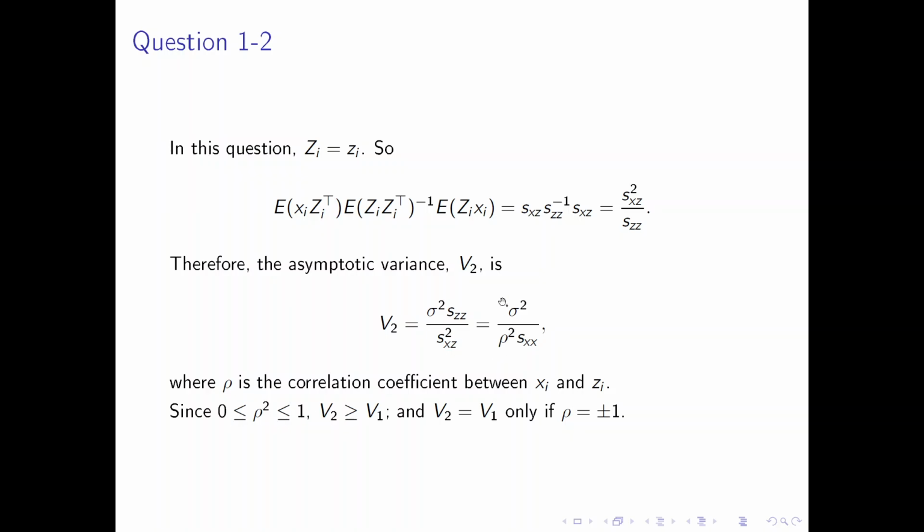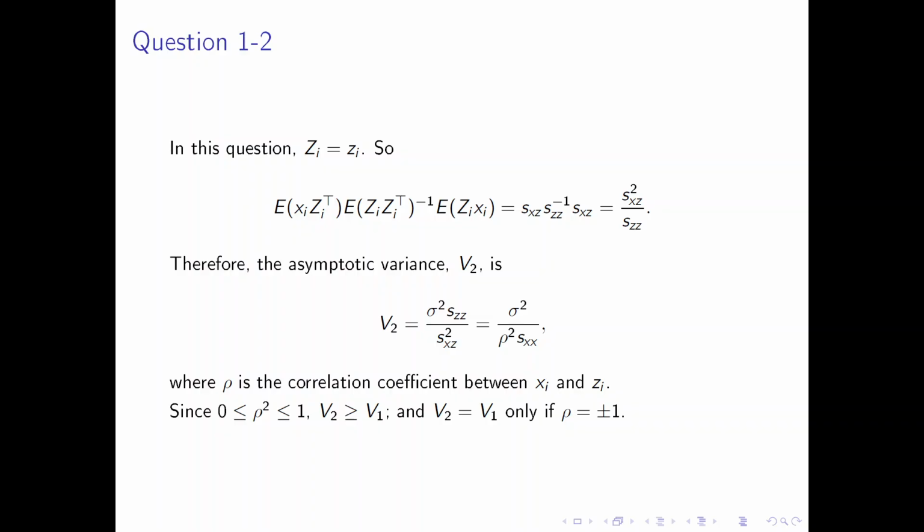Dividing something by a number smaller than 1 makes it larger. So V2 is larger than V1. The instrumental variable regression with an endogenous regressor is less efficient than OLS with an exogenous regressor.